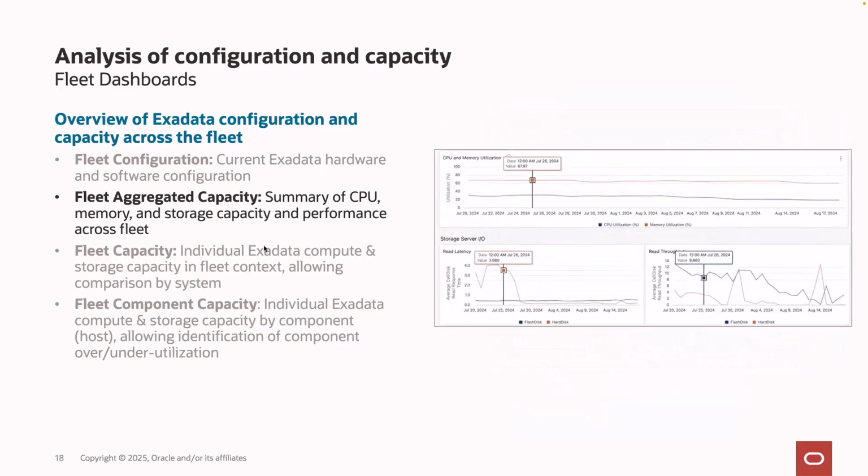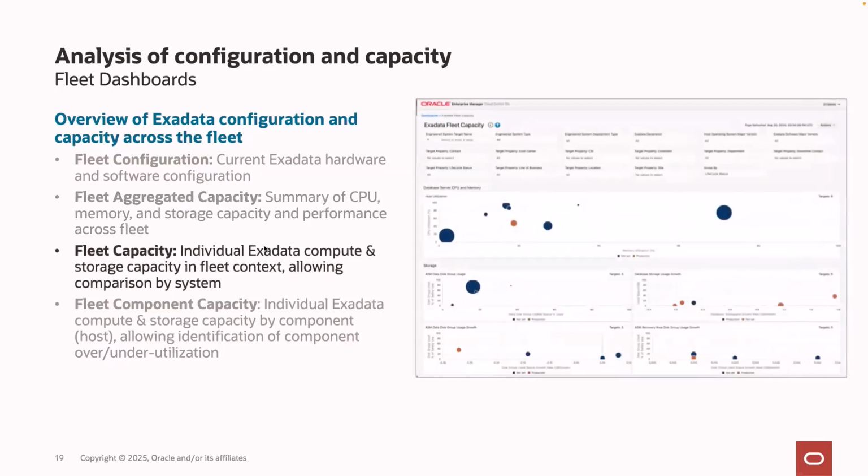For certain hours, if we have peaks, we can hover over CPU utilization or a peak in read latency, and we can see how that is if we have an increased utilization of CPU and read throughput and everything also. So that is available here.